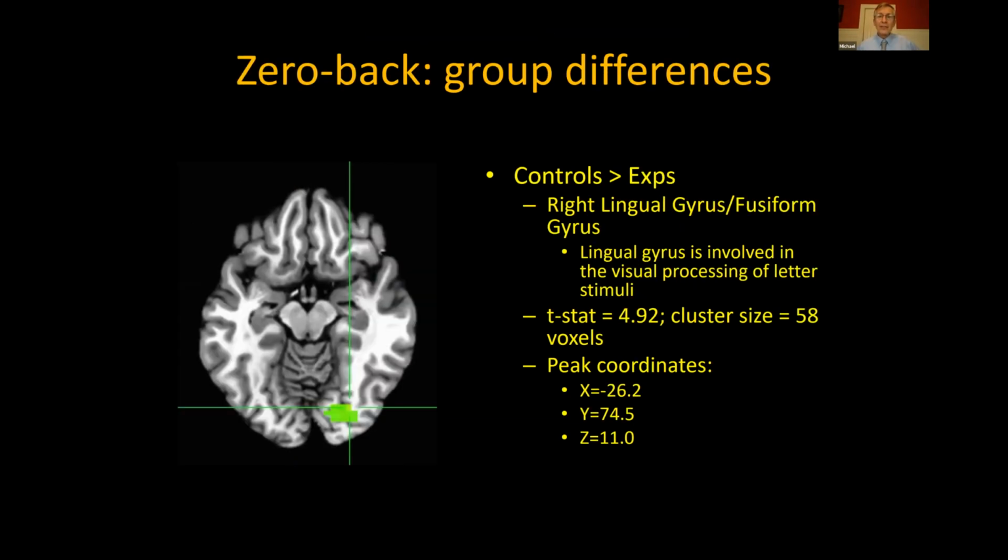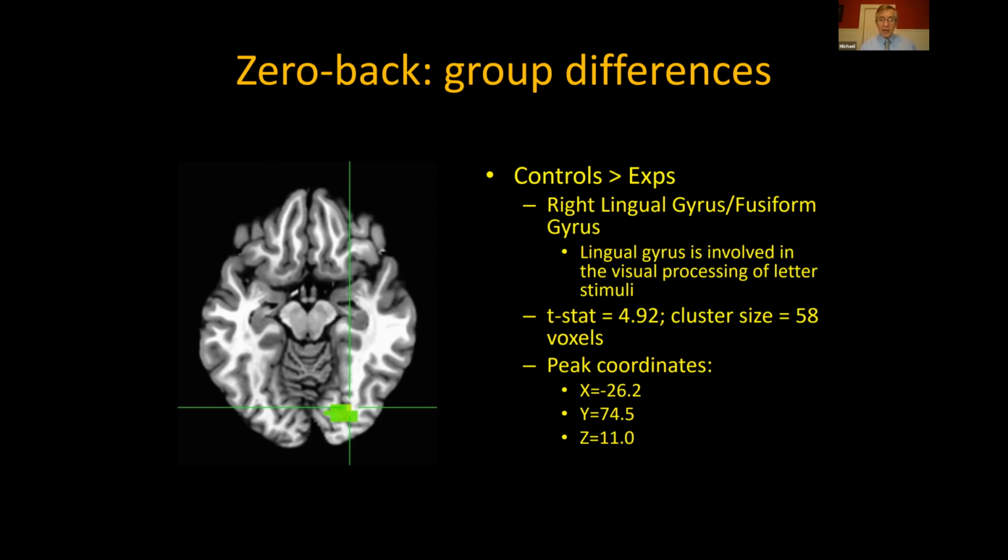We're also seeing differences in that right lingual gyrus, fusiform gyrus. You heard me talk about the lingual gyrus earlier in the sleep apnea work from the California group. But we're seeing that the controls, again, have more activity in this brain region versus the post-hypoxic kids. This is a brain region involved with visual processing of letter stimuli, believe it or not.